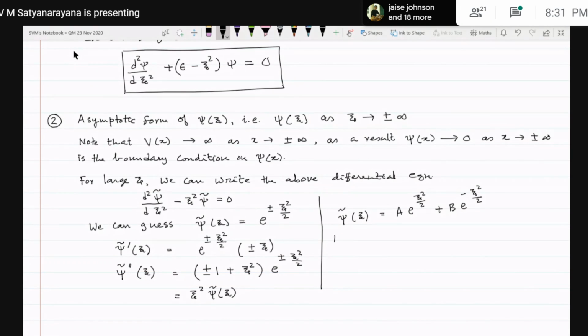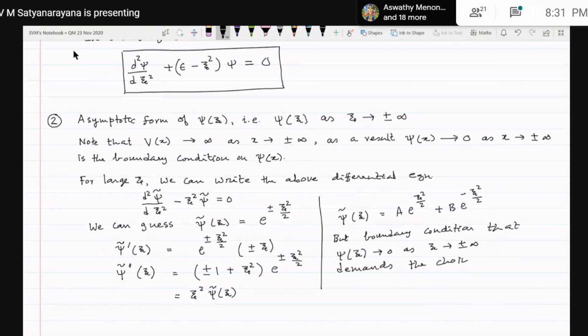But our boundary condition, that psi of xi should go to 0 as xi goes to plus minus infinity, demands the choice that a should be equal to 0, because if this function is there, then the wave function will diverge.